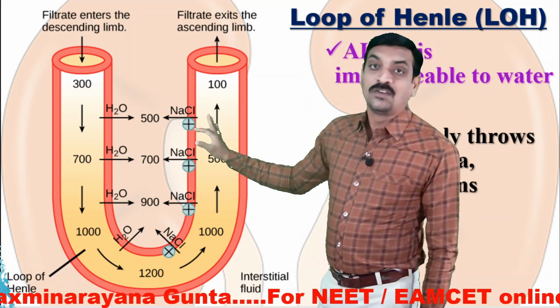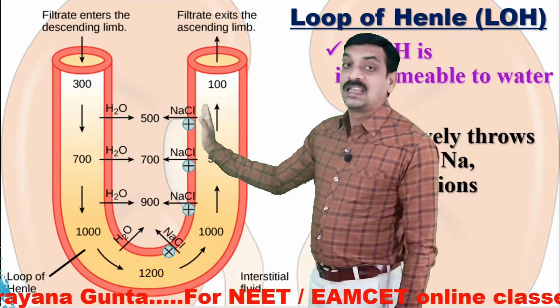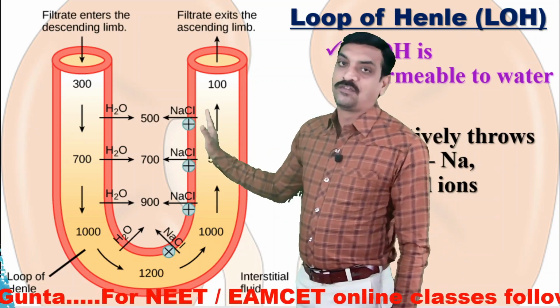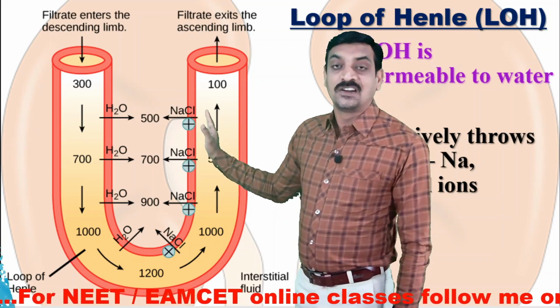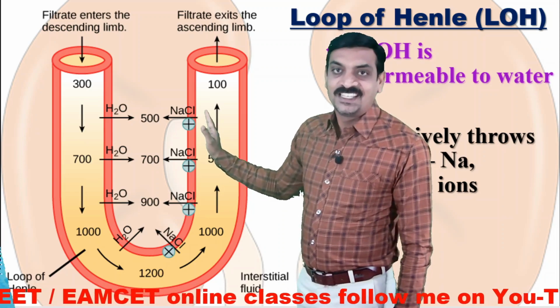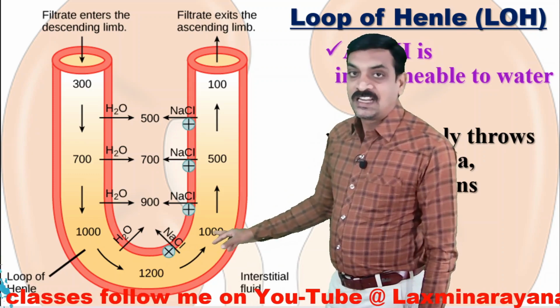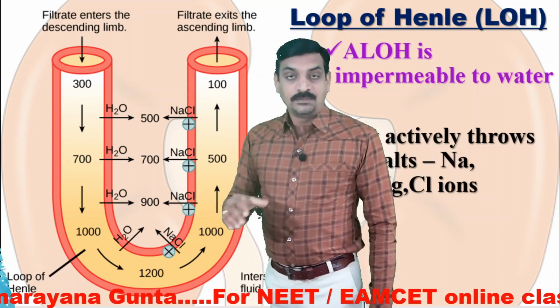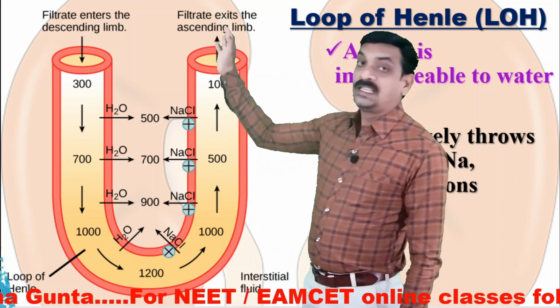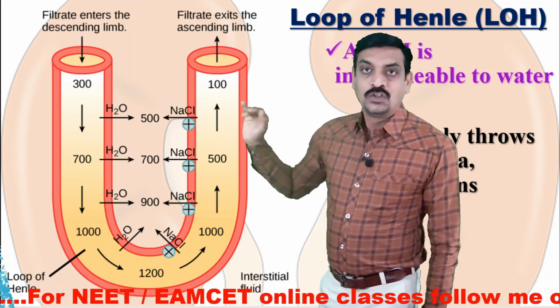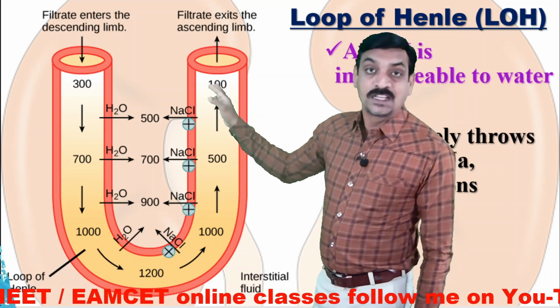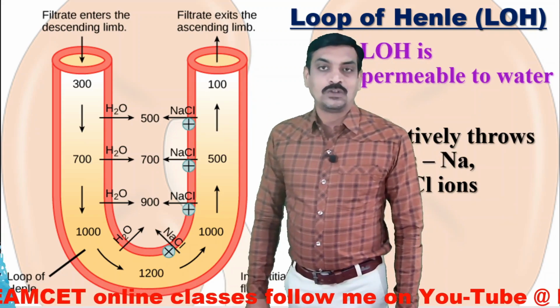That's why, automatically, what happens? As the electrolytes are removed from the tubular fluid, the concentration automatically decreases. Then you can clearly observe here, the osmolarity is gradually decreasing. By the time it reaches the distal convoluted tubule, the osmolarity becomes almost 100 milliosmoles.